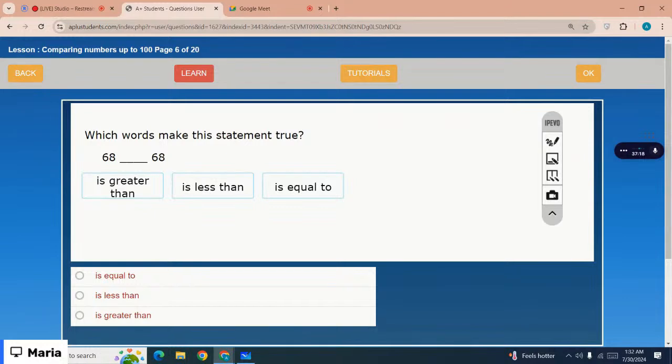Yes, they both are exactly equal. 68 is equal to 68. They are equal.